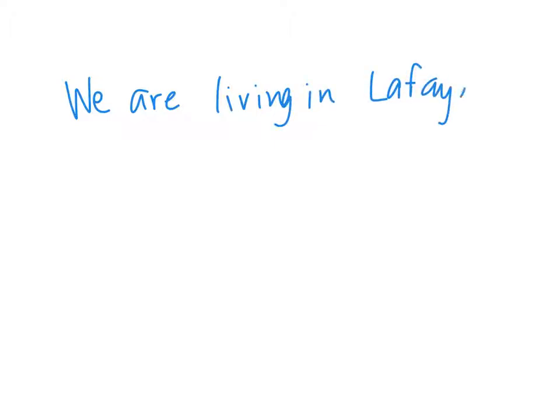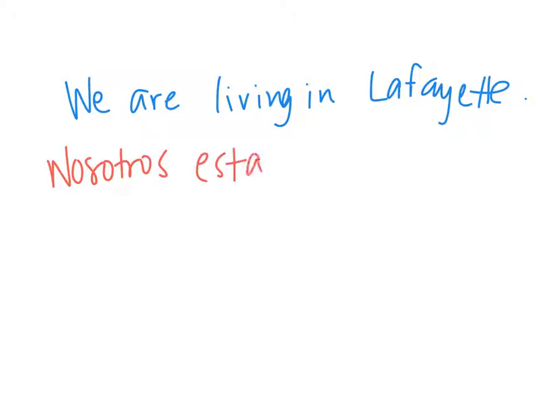Okay, how about this? We are living in Lafayette. Alright, this would be present progressive as opposed to we live in Lafayette, which is just present. Alright, so what's we? Nosotros. What's my present conjugation of estar for nosotros? Estamos. And then we need to make the present participle.